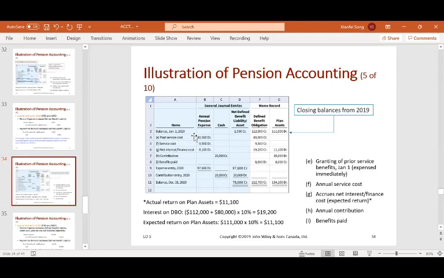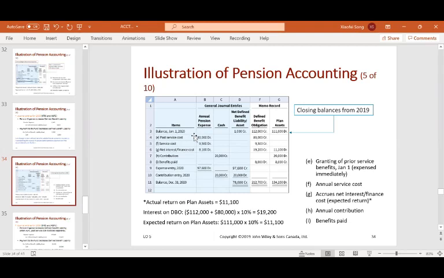So it's unlike actual gains or losses. They could reverse, because it's long term and the changes can go both directions. That's why under IFRS that goes into other comprehensive income. But past service cost has no such reversing potential, right?